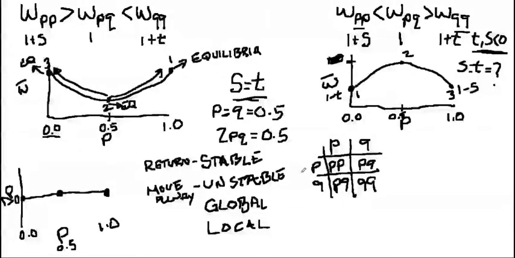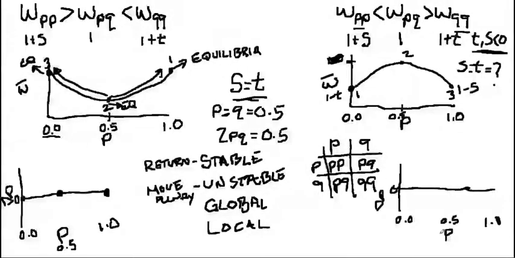Now if we look over at this graph again, let's try and figure out how delta P is going to change so that we can determine if we are globally stable, locally stable, or unstable. Now remember, selection is Sisyphusian. So if I'm a little bit less than p of 0.5, it means I'm going to move towards losing the p allele.